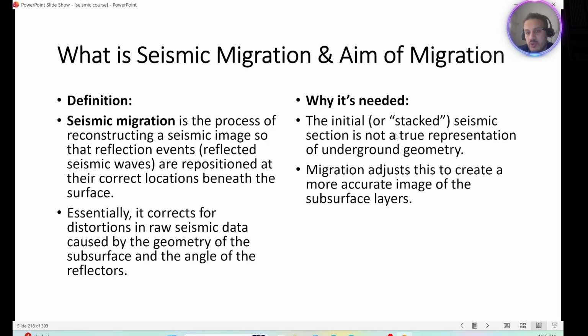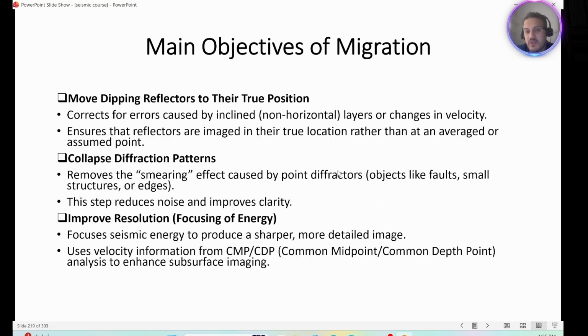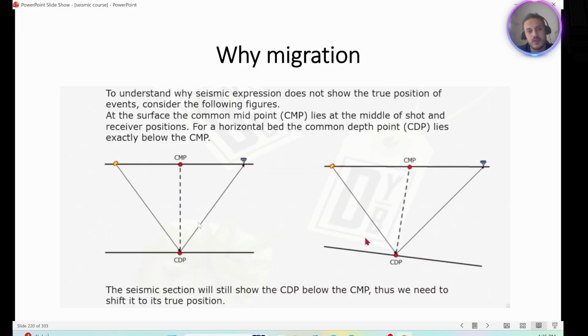The initial or stacked seismic section is not a true representation of the underground geometry. Migration adjusts this to create a more accurate image of the subsurface layers. The main purpose of the migration is to move dipping reflections to their true positions, and also to collapse diffraction patterns and improve resolution.